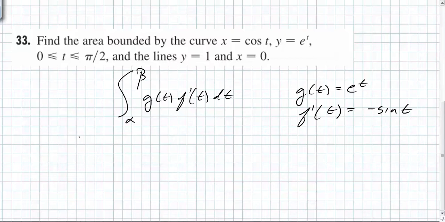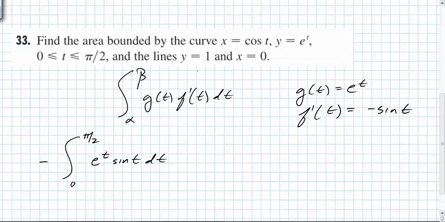So you're going from 0 to pi over 2. They're giving you the t values, right? So 0 to pi over 2 of, you put the negative on the outside, so you get e to the t sine t dt.